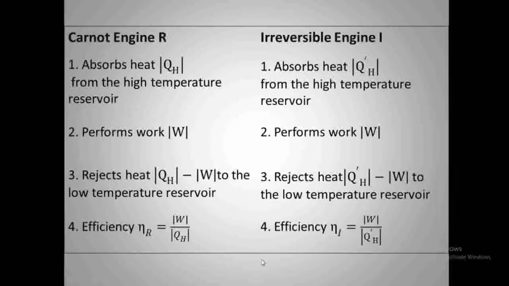So we have the proof here. At first we considered two engines and these quantities. Since the Carnot engine is a reversible engine, we can treat it as a Carnot refrigerator. The work delivered by the irreversible engine is used by this Carnot refrigerator to extract some quantity of heat from the low temperature reservoir and deliver some quantity to the high temperature reservoir.